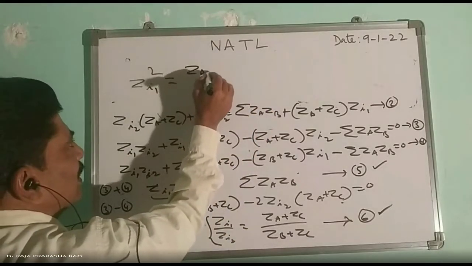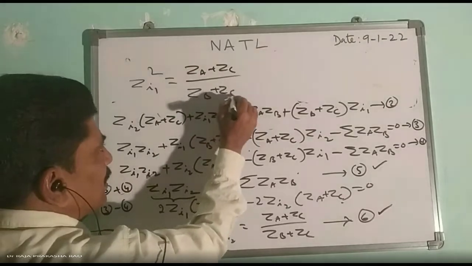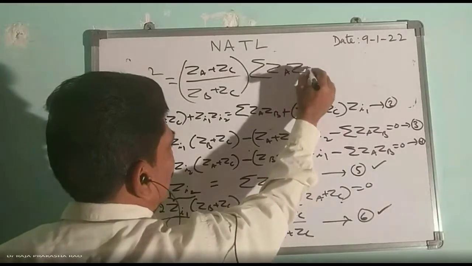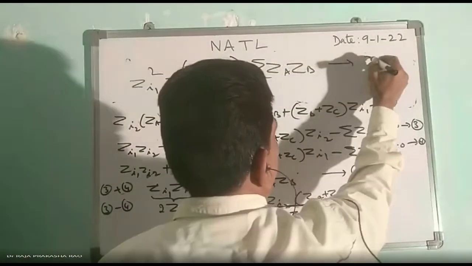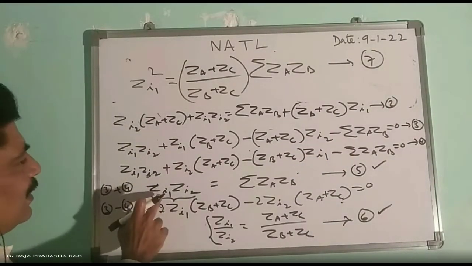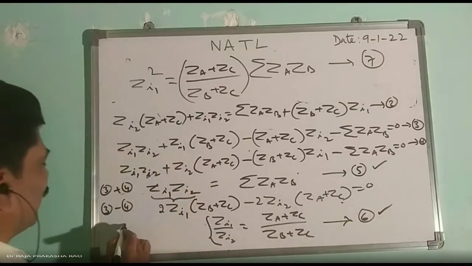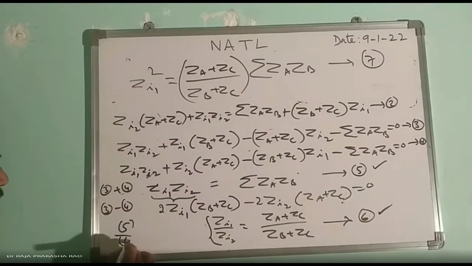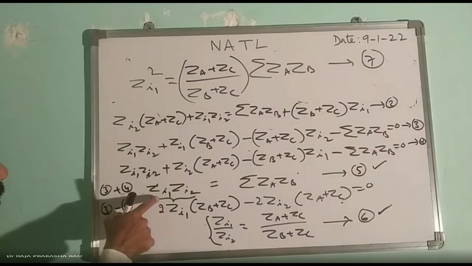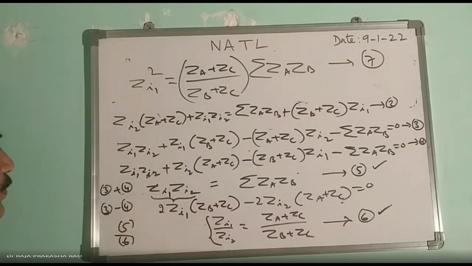Let this be equation number 7. Then if you divide equation 5 by equation 6, Zi1 and Zi1 will get cancelled, and you will get 1 by Zi2 square.